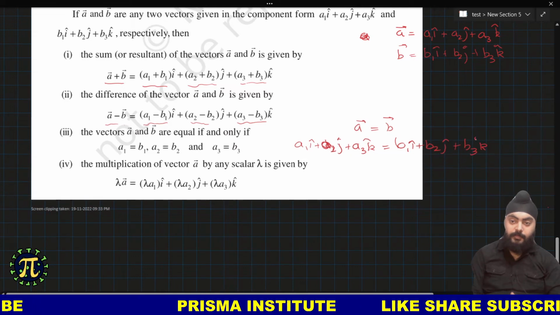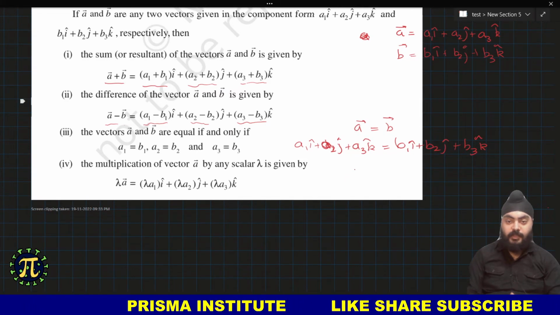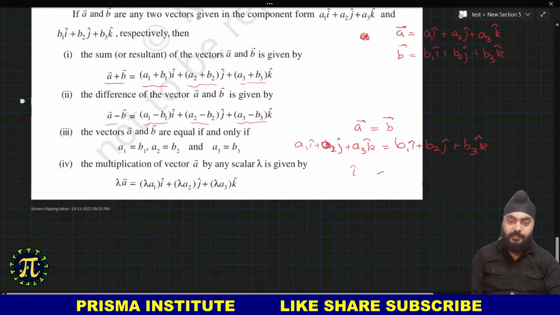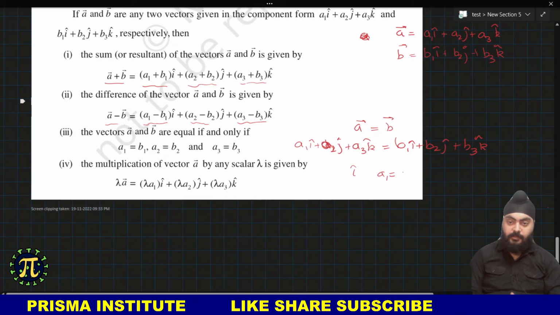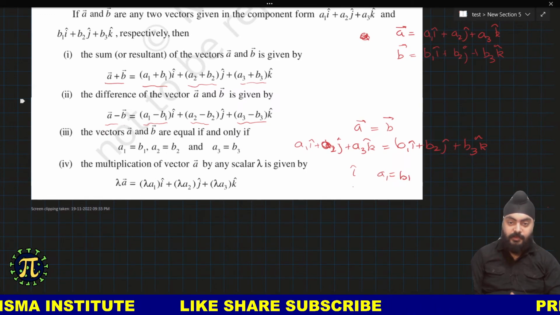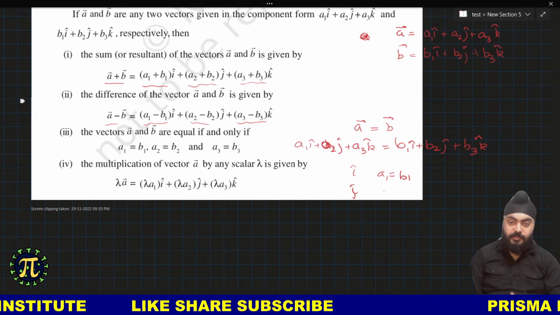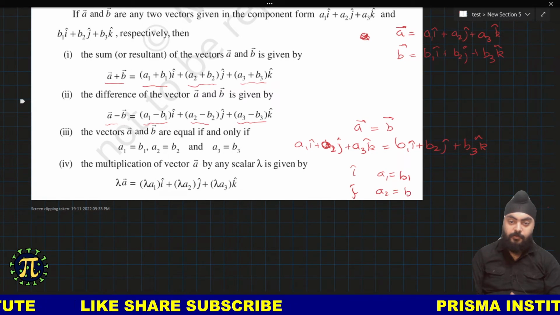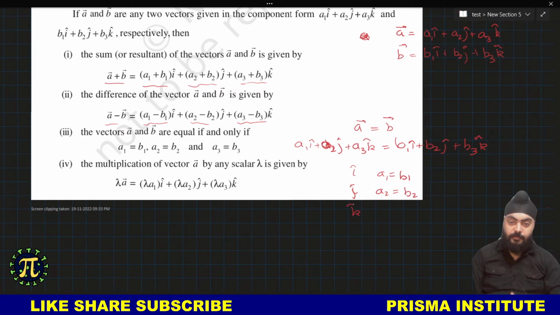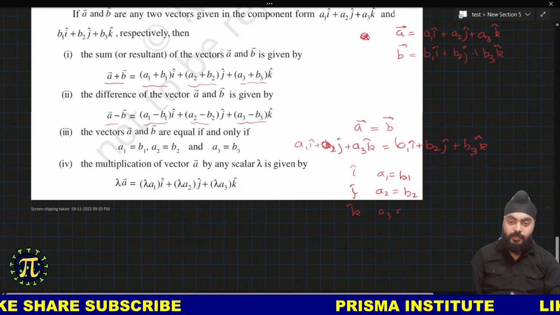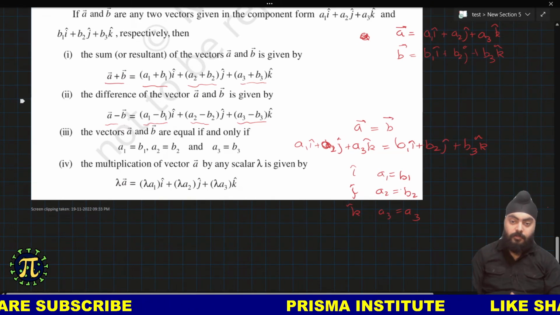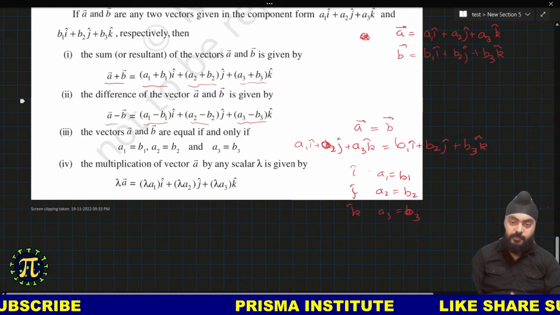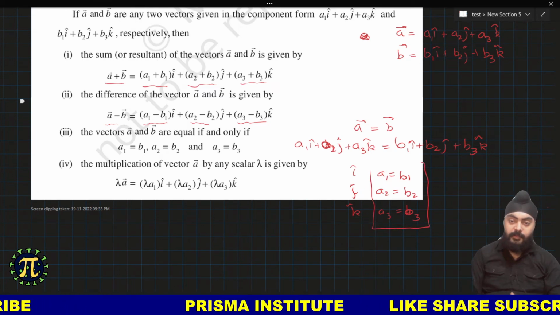And you can compare each. With I cap, the coefficient on the left side is a1 and on the other side it is b1. And with j cap, what coefficient is coming? This is a2 and this should be equal to b2, and with k cap the coefficient is a3 and it should be equal to b3. So all three components must be equal if two vectors are equal.